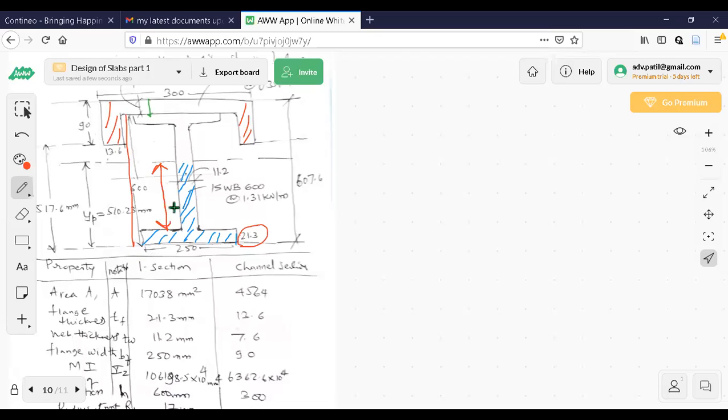This red arrow is the height, into 11.2. So the area of this second rectangle is YP minus 21.3, the height, into 11.2. That is what I have written here.